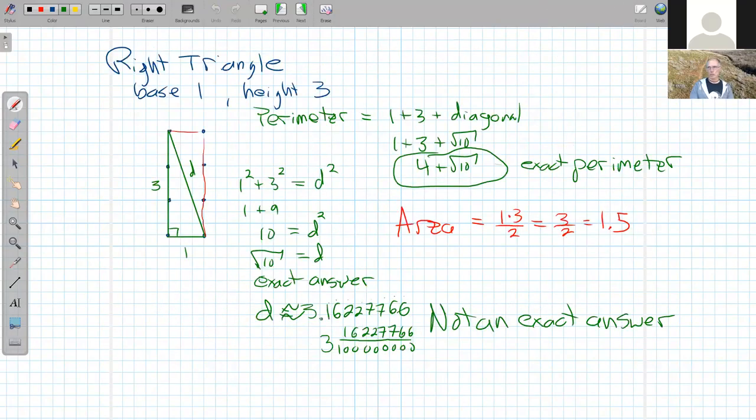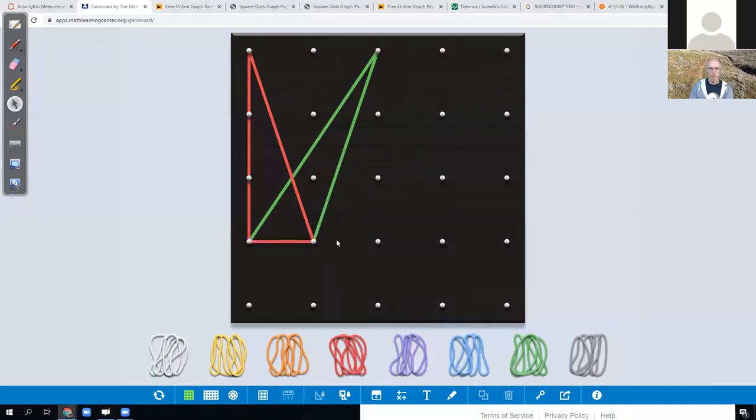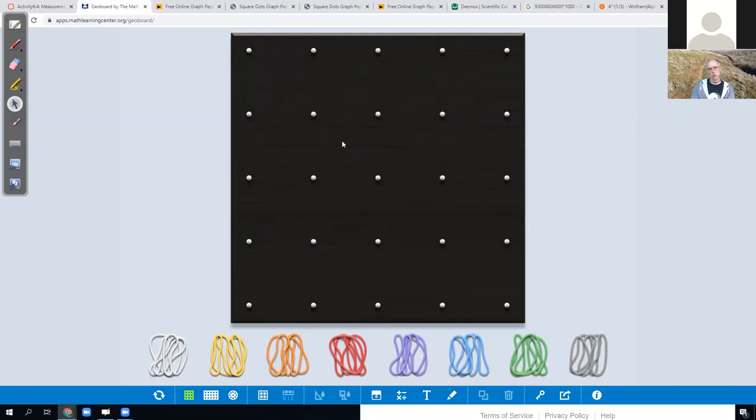So your goal on this activity is to just play around. Instead of 1 by 3 triangles, let's delete some stuff, you're going to make some 2 by 3 triangles. And by 2 by 3 I mean base of 2, height of 3, and you're going to come up with their perimeters and areas.